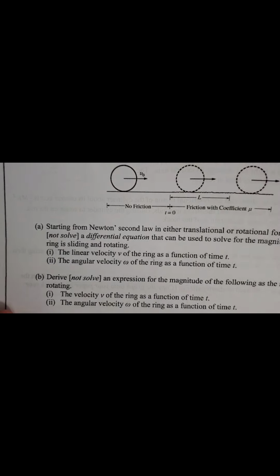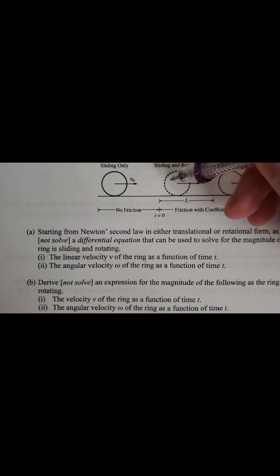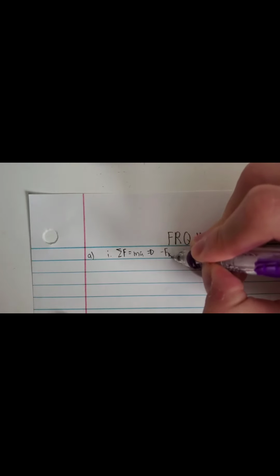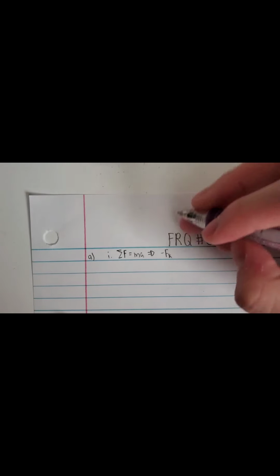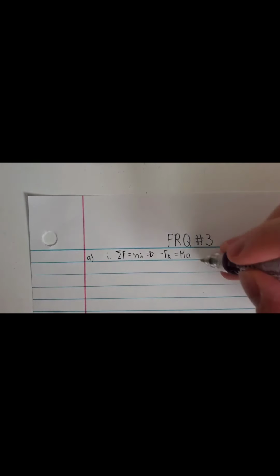It is opposing the direction in which the ring is traveling, so it will be negative. So my force is negative Fk, and that's going to be equal to mass times acceleration.